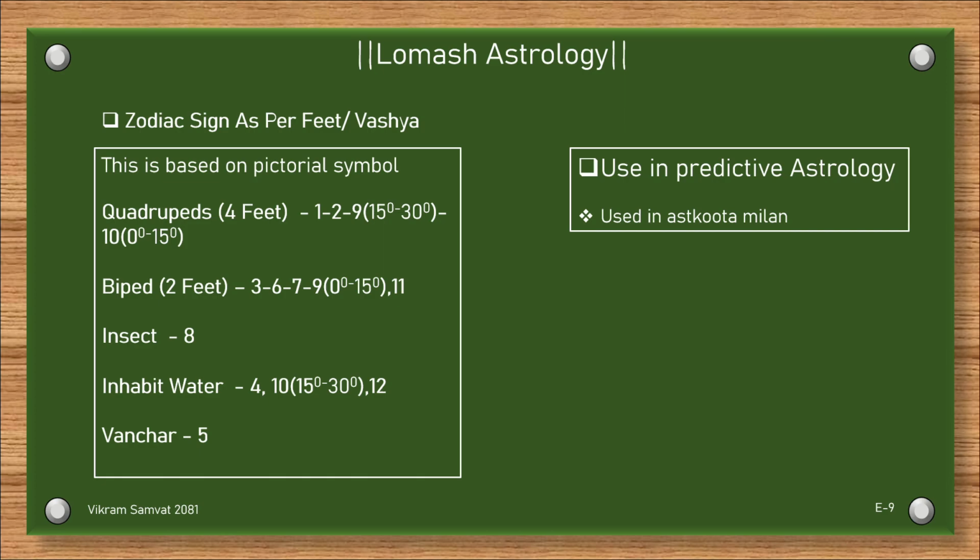Let's take one example: the lion, which is a wild animal and the king of the jungle. If a person's moon sign is Leo, or ascendant is Leo, or both, then we can say that person will have traits of a lion.